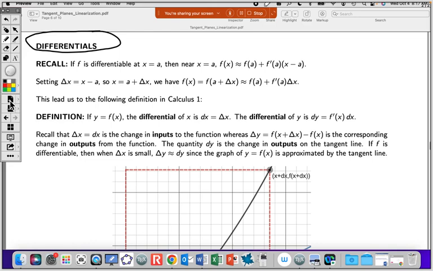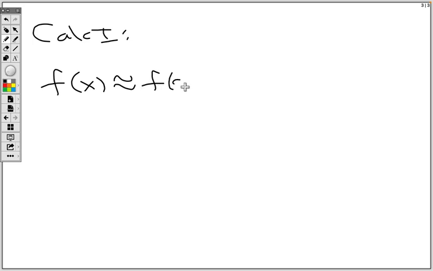Here's the idea. So this is back from Calc 1. If f was differentiable at a point x equals a, that meant that f of x was roughly equal to f of a plus f prime at a times x minus a.